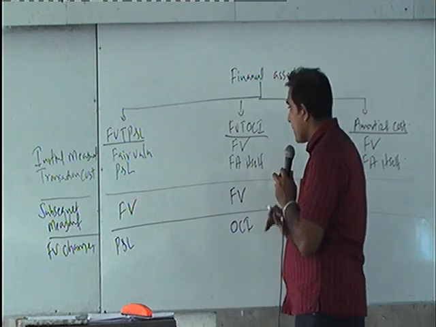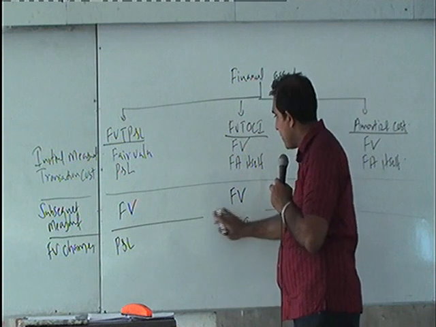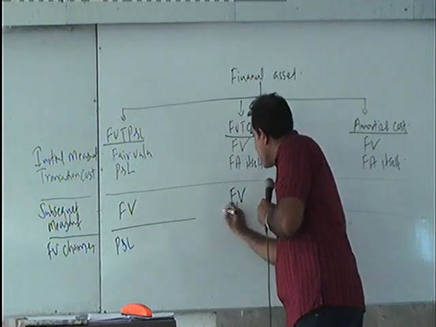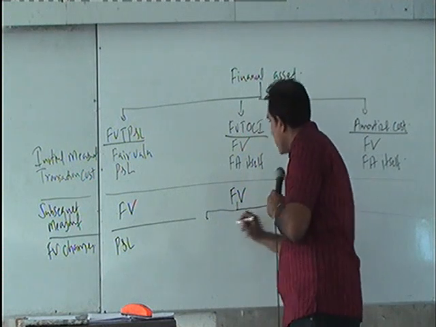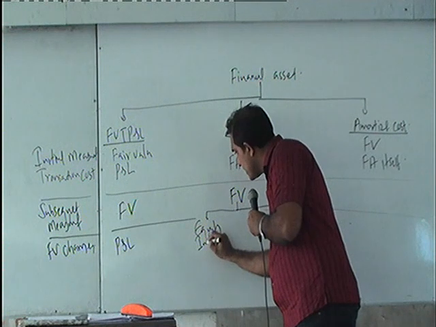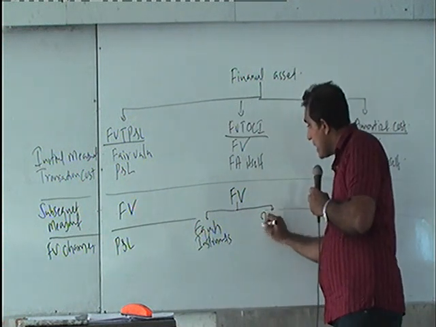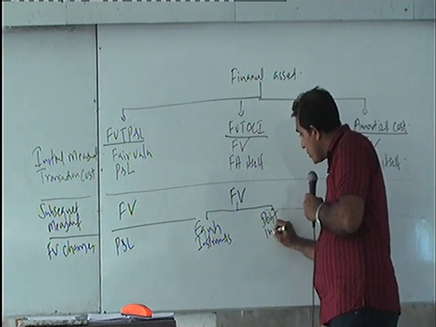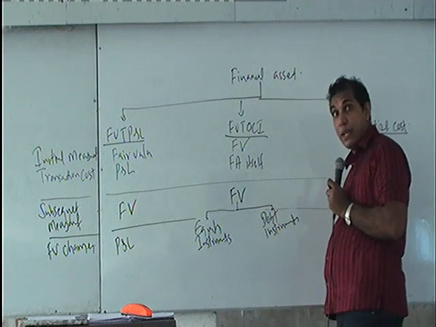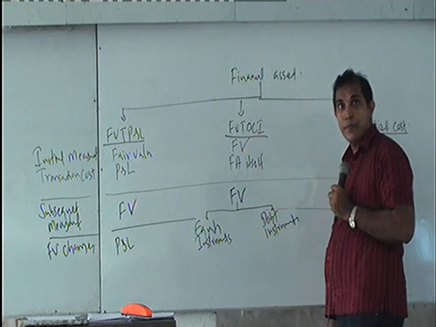Here, we'll write it this way. For subsequent measurement, we have two: equity instruments and debt instruments. We can invest in equity instruments as well as debt instruments.